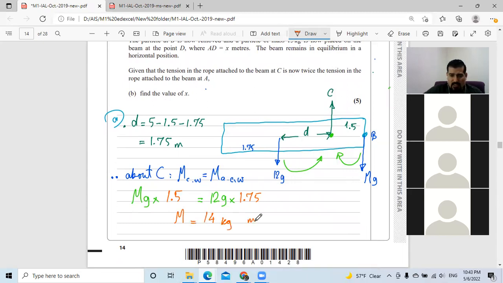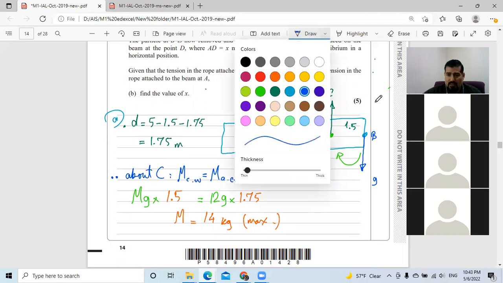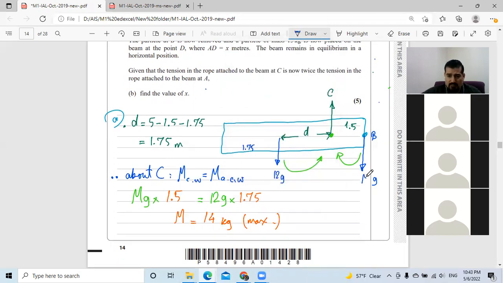This is the maximum value. Okay, good. This is the easiest, shortest way to answer this question. If you have any other ways, it's accepted, but it will take a long time. Take a screenshot. Any question here? Is it clear?